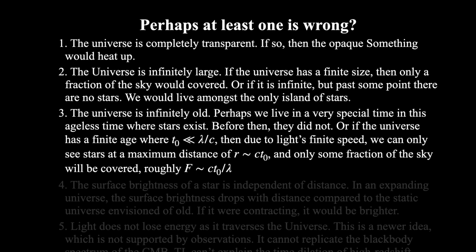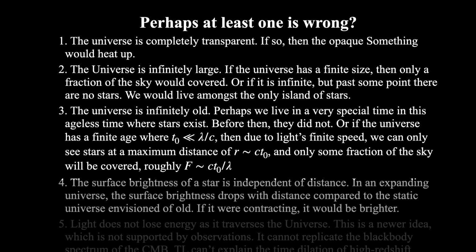If that's the case, then due to light's finite speed, we could only see stars out to some maximum distance, r, which is about the speed of light times this age, t sub naught. And only some fraction of the sky will then be covered, a fraction f that's roughly the speed of light times the age of the universe divided by the size of the universe.